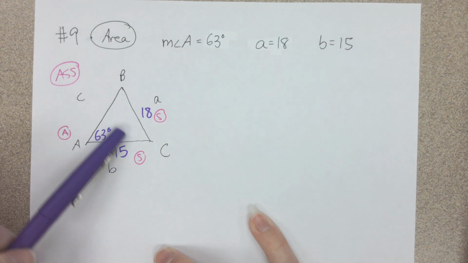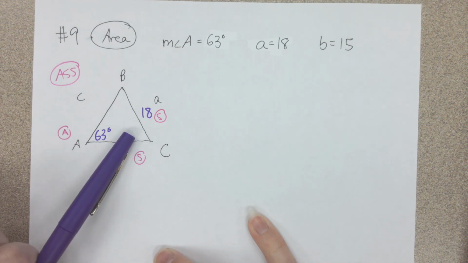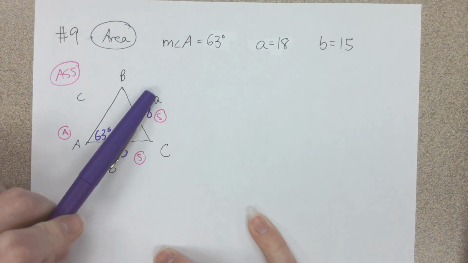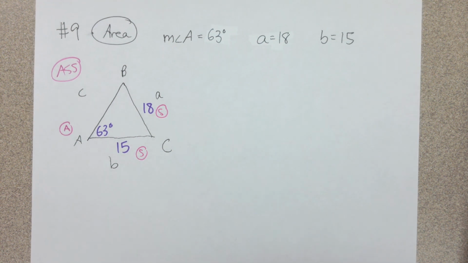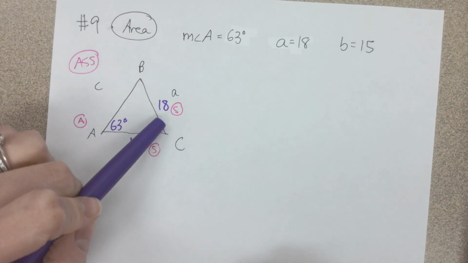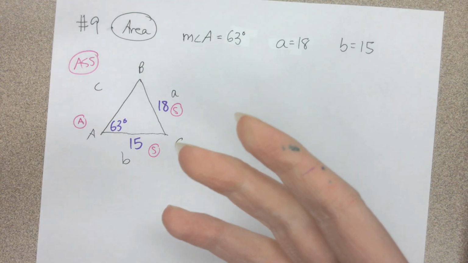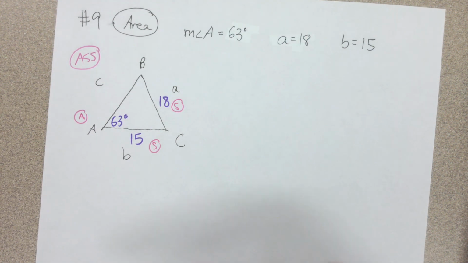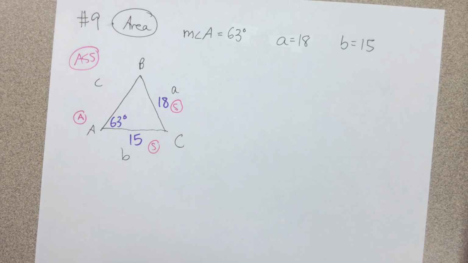We could use this grouping here. Or you would need to find angle C, because that's what's in between the S's. Either one is doable. Actually, you can't find side C immediately because you don't have enough information. So, or sorry, angle C, that's what I meant to say. Can't find angle C. So, and actually, we're going to have to do a little bit more work here now that I'm looking at this.